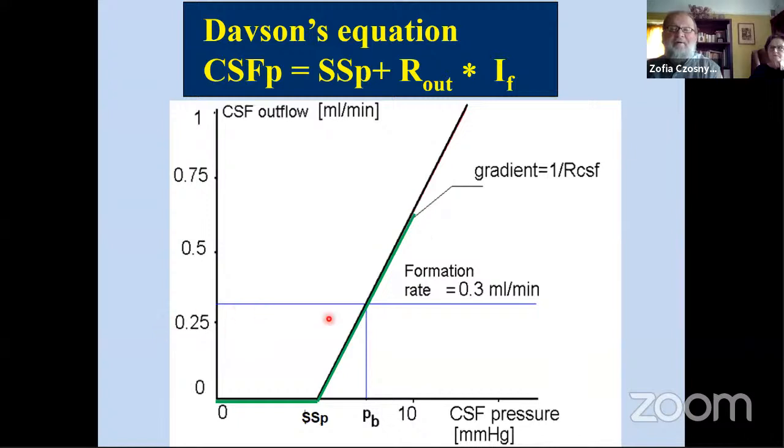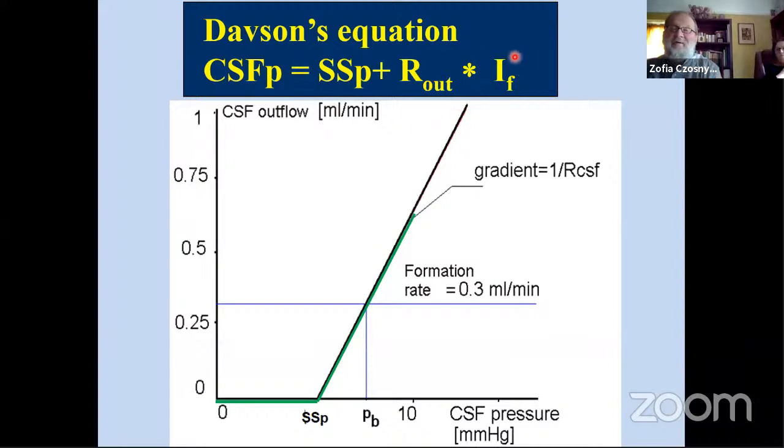If we plot a horizontal line equal to formation of fluid, which is approximately 0.3, 0.4 mL per minute, we will see mean intracranial pressure resulting from CSF circulation. The Davson equation is very important because it shows mean intracranial pressure resulting from CSF circulation.